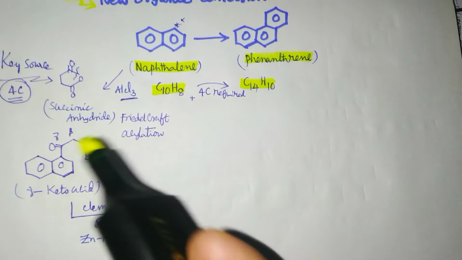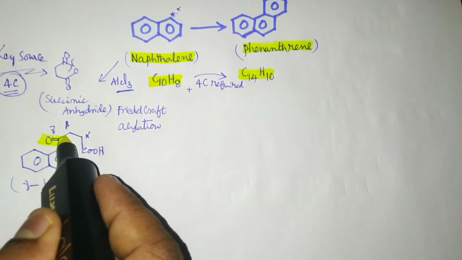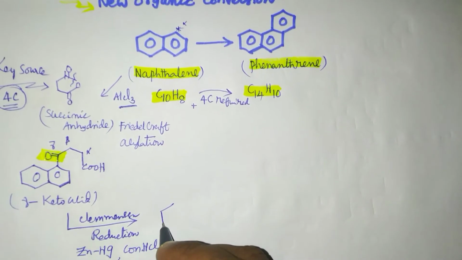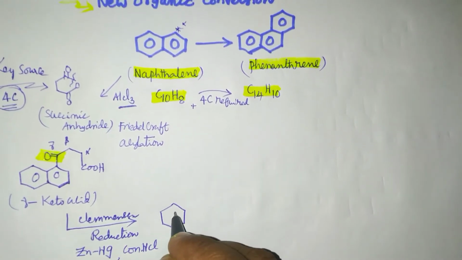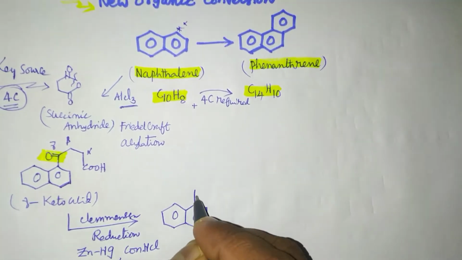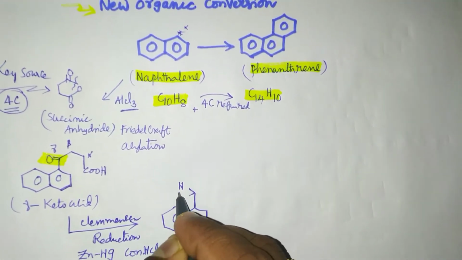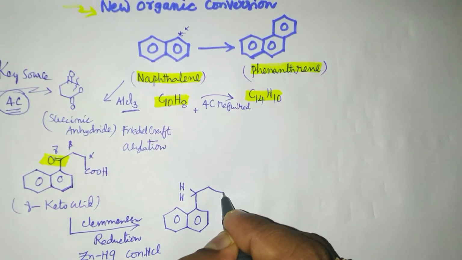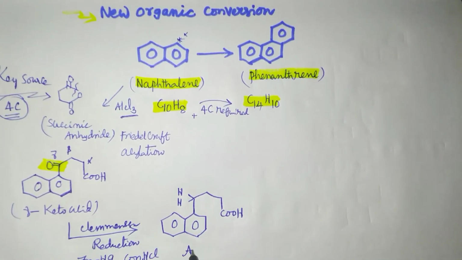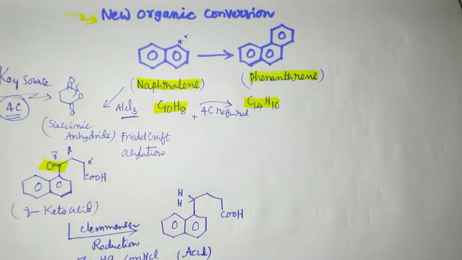The CO group converts into a CH2 group. The gamma keto compound has a carbonyl group, and that carbonyl group converts into a hydrocarbon, that is called a CH2 group. So it is an acid compound, a carboxylic acid compound.